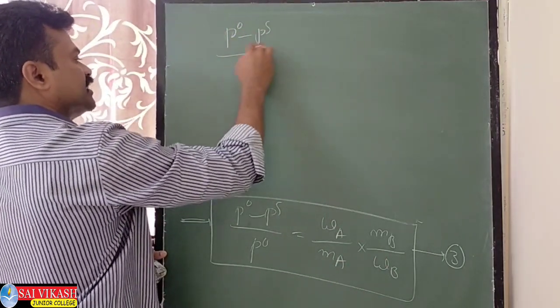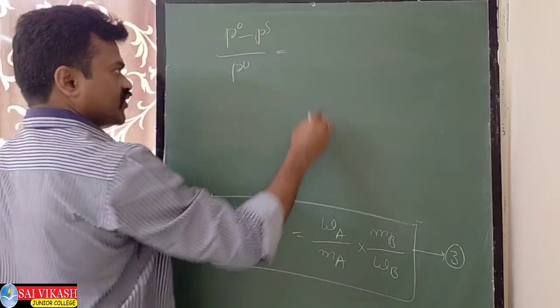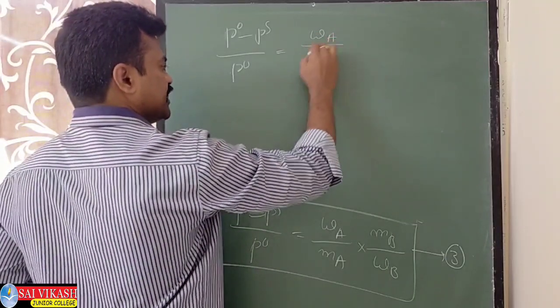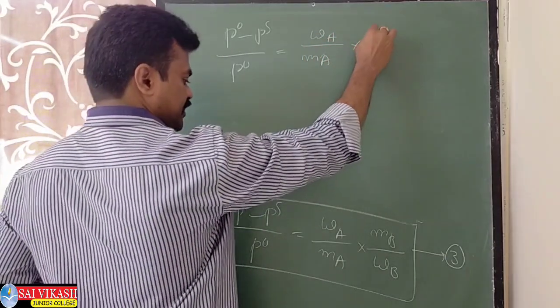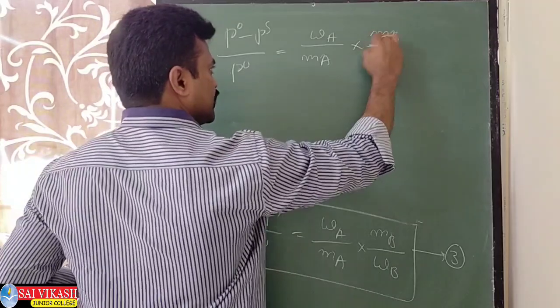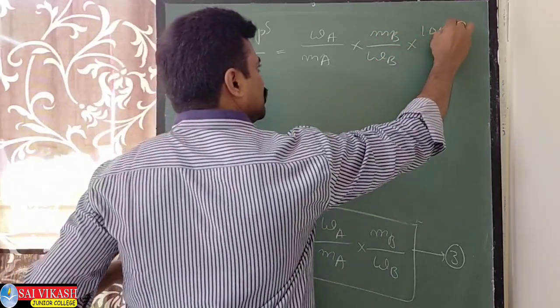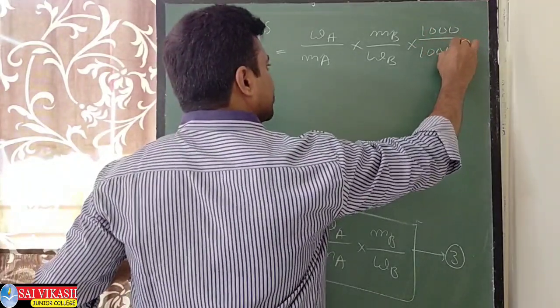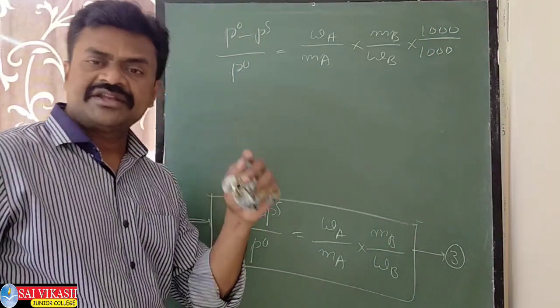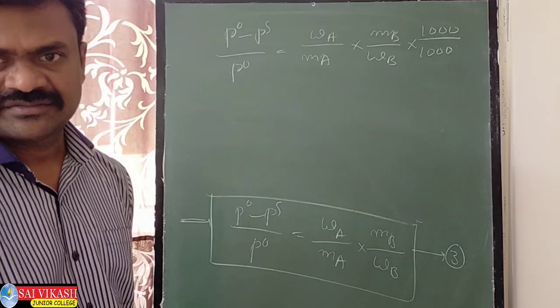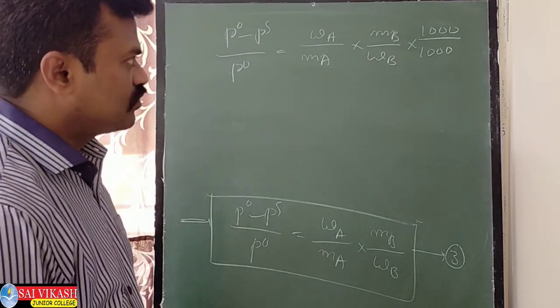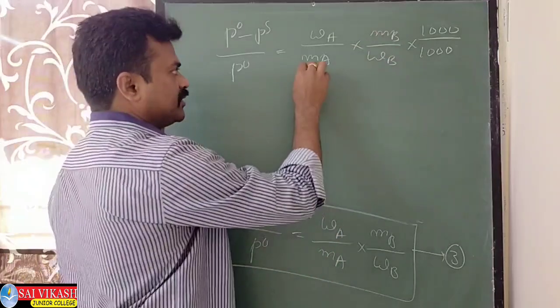(P naught minus Ps) by P naught is equal to WA by MA into MB by WB, into 1000 divided by 1000, because I need to derive one more relation.